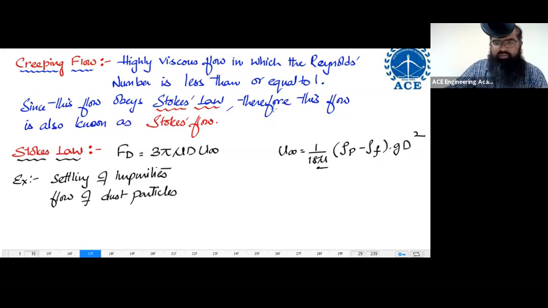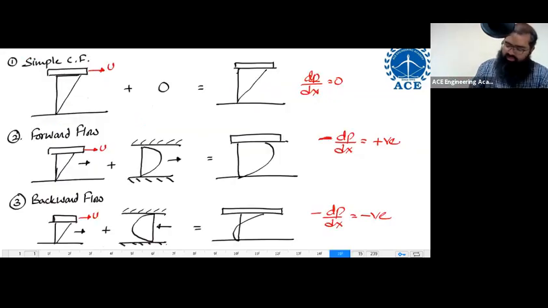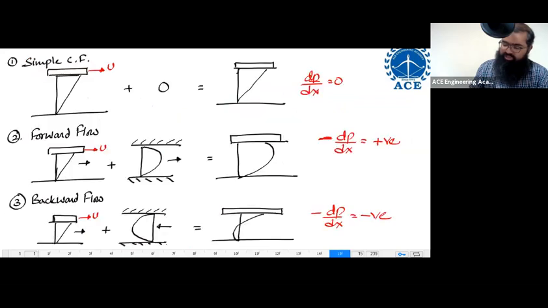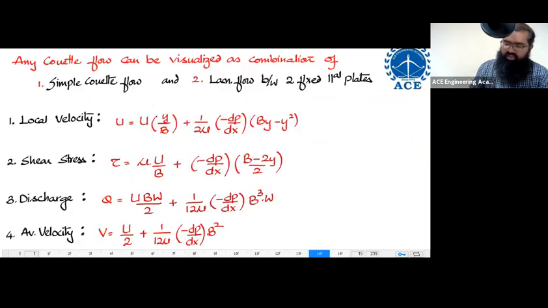So today's class closes here. We have finished the chapter of laminar flow. To summarize, we have 4 concepts: laminar flow through pipe, laminar flow between fixed parallel flat plates, Couette flow. I was expecting you to respond better in Couette flow because these two slides should be sufficient to understand the entire thing.